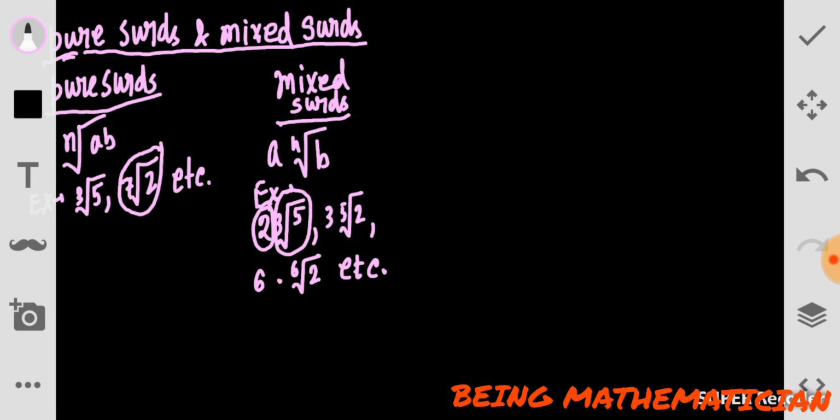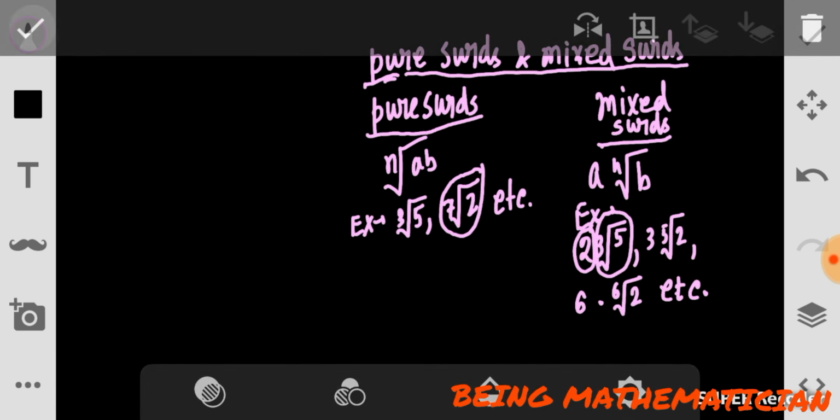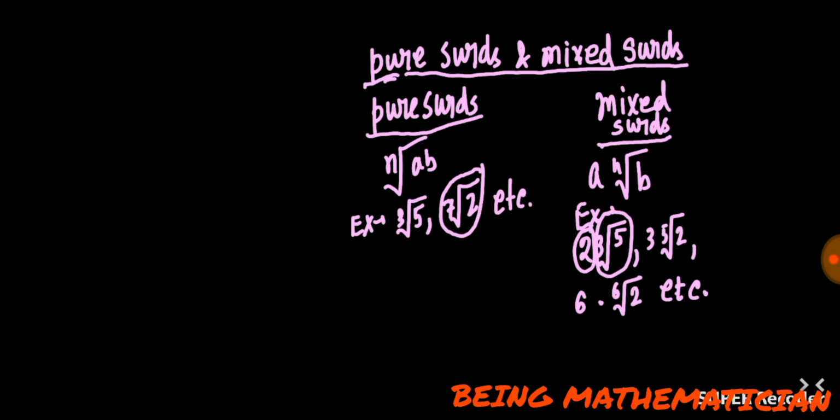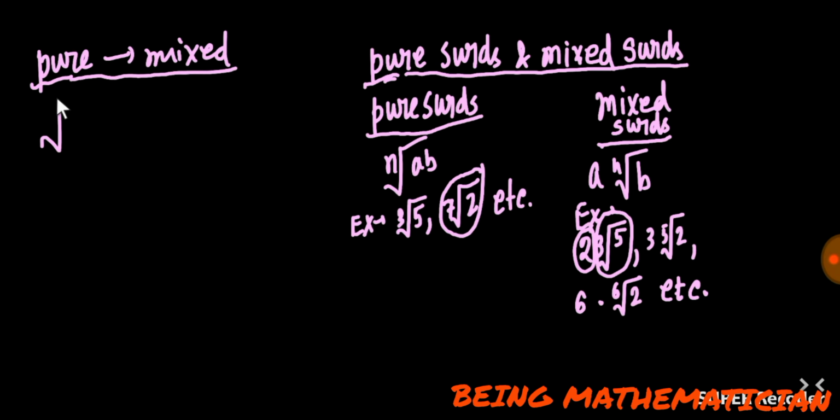Now let's see how to convert a pure surd to a mixed surd. Let the number be cube root of 24.